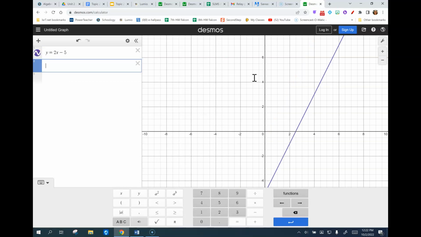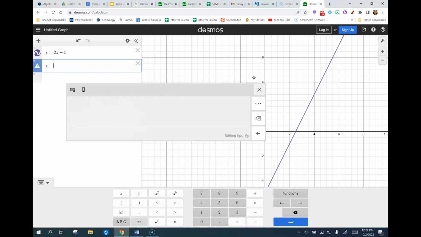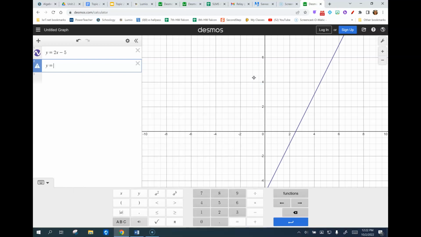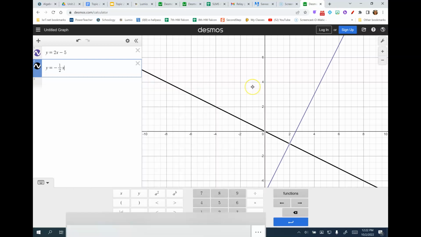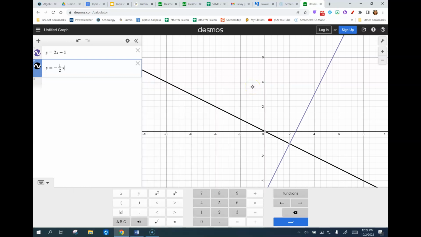Now we're going to also graph y equals, now it's negative 1/2, so I'm going to have a negative 1 divided by 2, and see, it goes right into a fraction. So I have my fraction, and then I'm going to come up here to the side. Did you notice I had to click up to the side, and it's x plus 4.